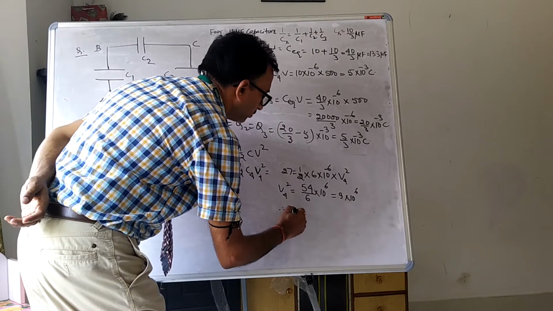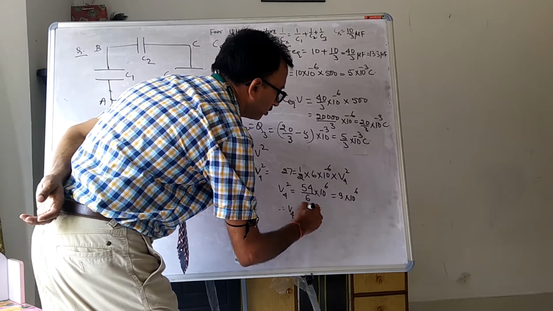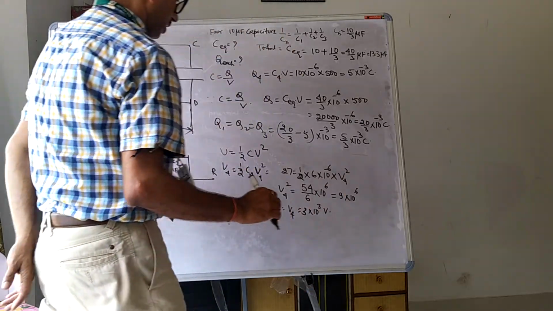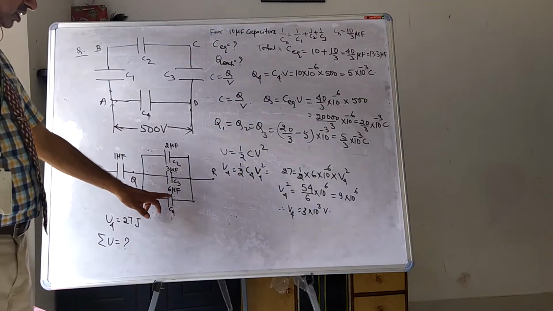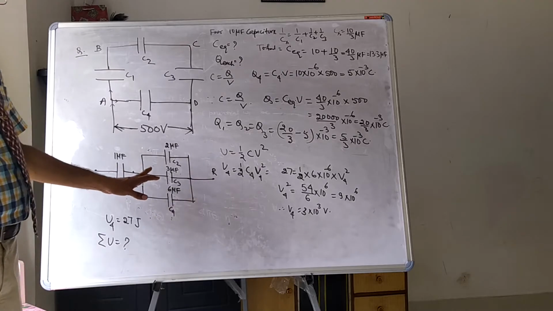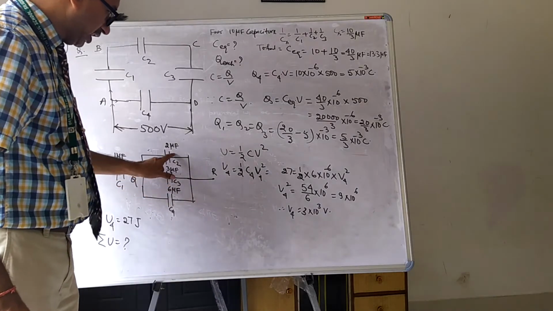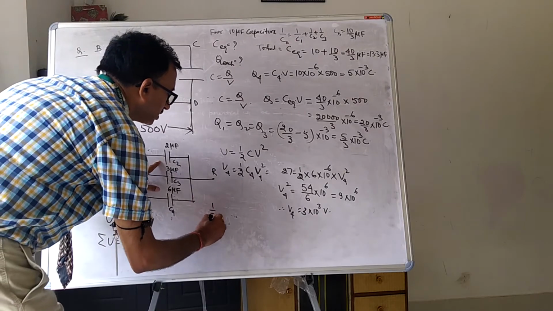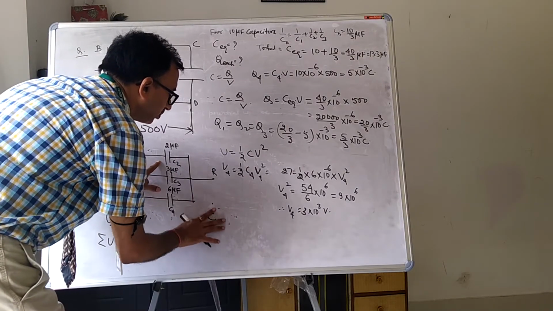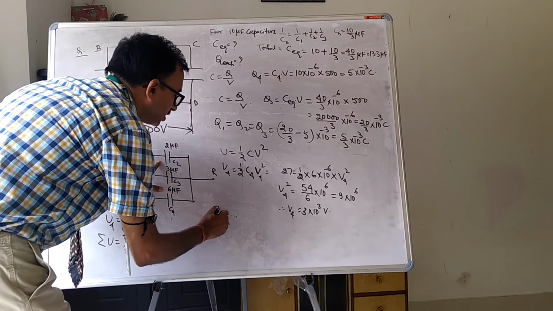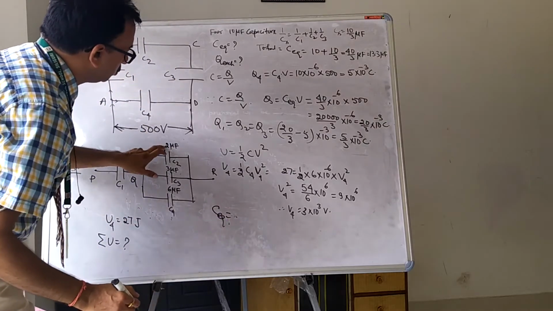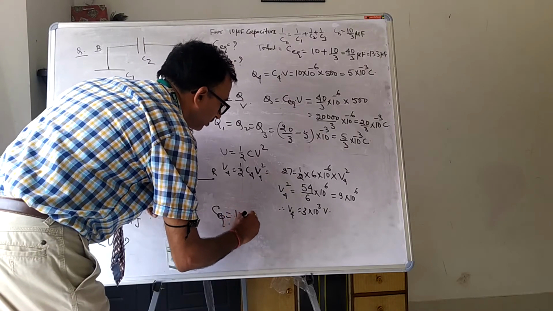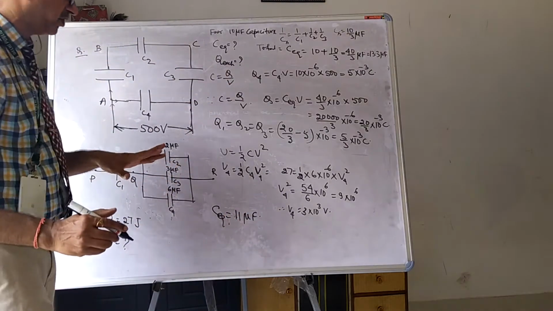Therefore V4 equals 3 into 10 to the power 3 volt. Now since the voltage remains the same, what is the equivalent C? These are in parallel, so C equivalent will be 2 plus 3 plus 6, 5 plus 6, 11 microfarad. This is C equivalent.